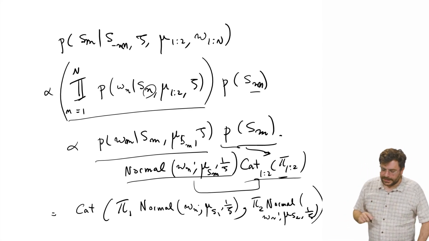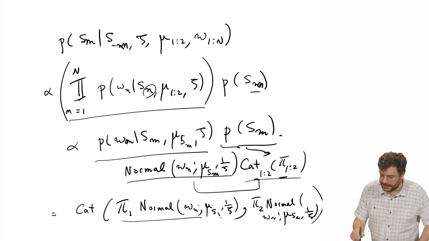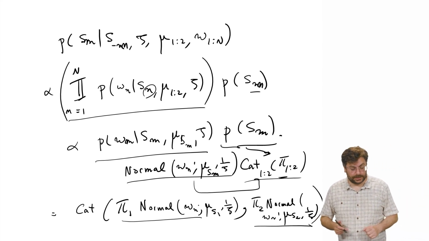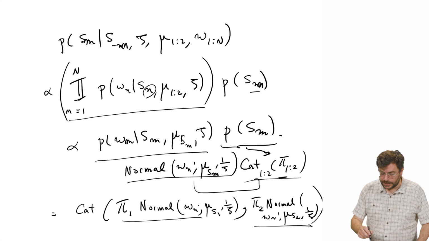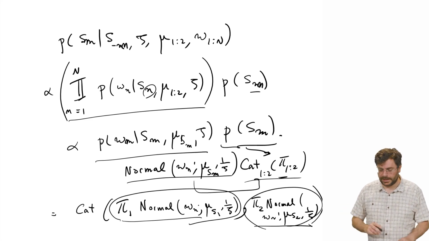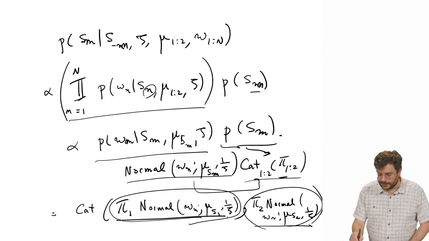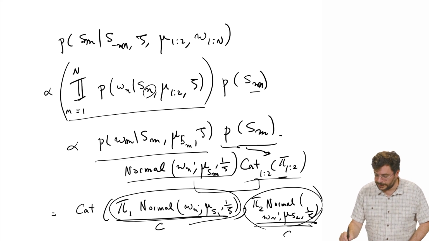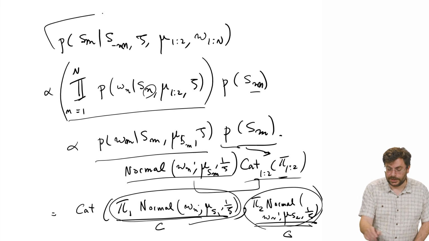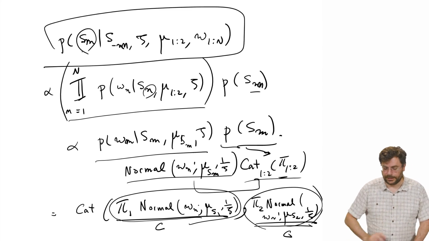Now, the only thing is that this and that have to sum to 1, so I need to renormalize the arguments of the categorical. So if I take this and that, and I take their sum and I call it C, then I can divide this by C, divide that by C, and that becomes my new conditional posterior for Sm.